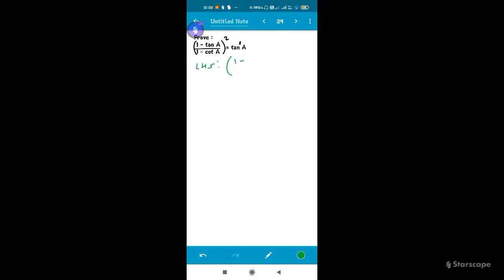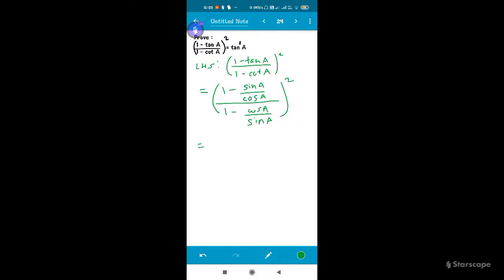So we have (1 minus tan a divided by 1 minus cot a) whole square. So in place of tan a, I will again write sin a by cos a, and in place of cot a, I will write cos a by sin a. So (1 minus sin a by cos a) divided by (1 minus cos a by sin a) whole square.